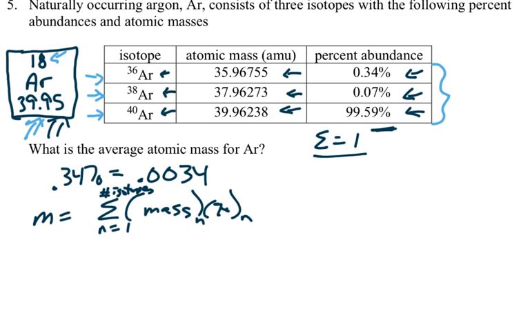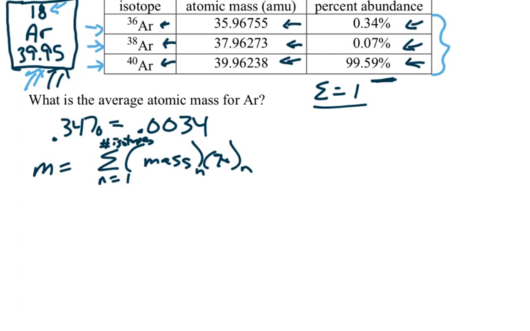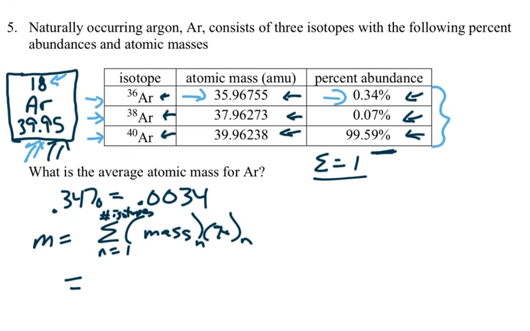That's complex. Let's just say this. All you have to do is take each of these masses, multiply it by their percentage, add them all up. You could do that as a separate column over here. Mass times percent. And add them all up.